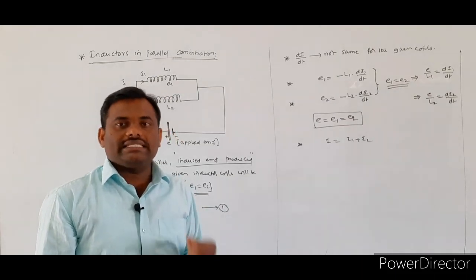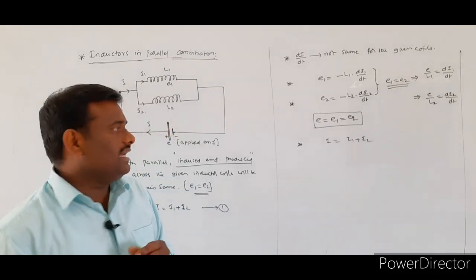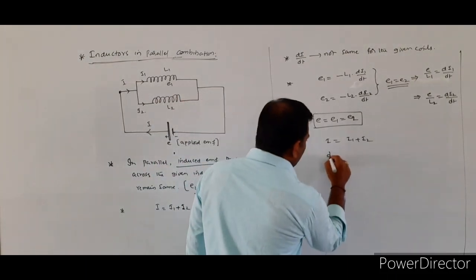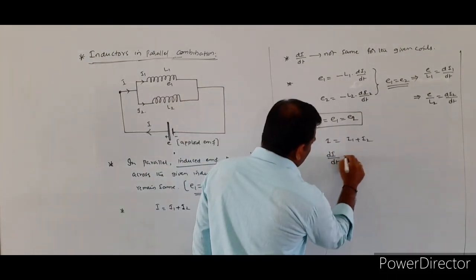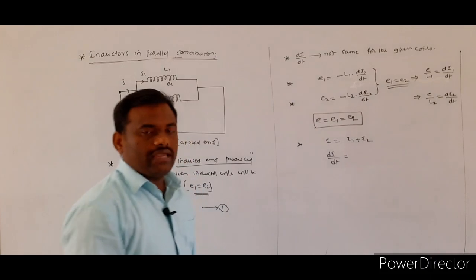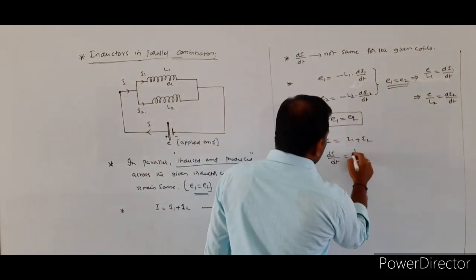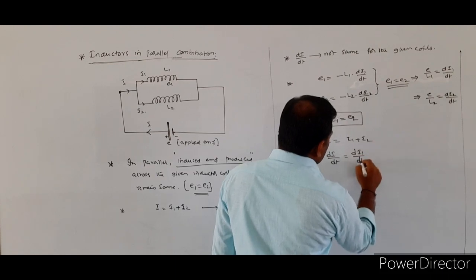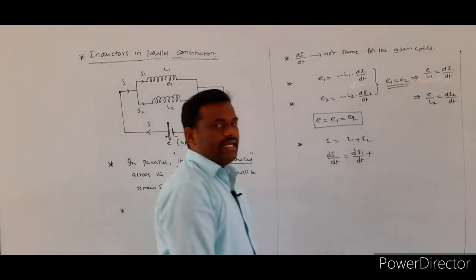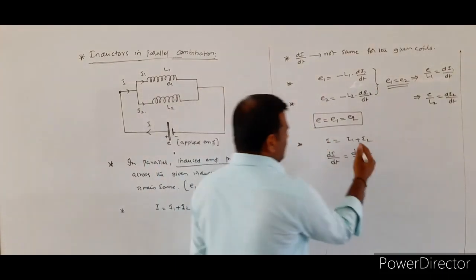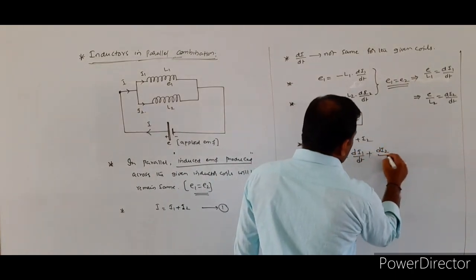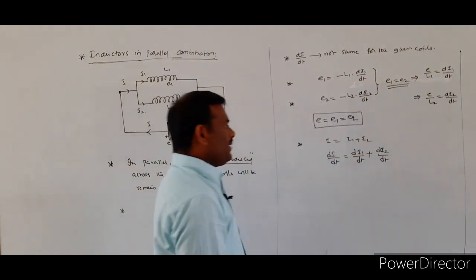of change of electrical current. So from this equation I am writing that di by dt is equal to, whenever you differentiate I1, it becomes di1 by dt, and the second term becomes di2 by dt.